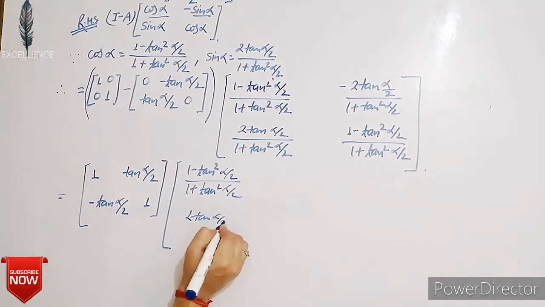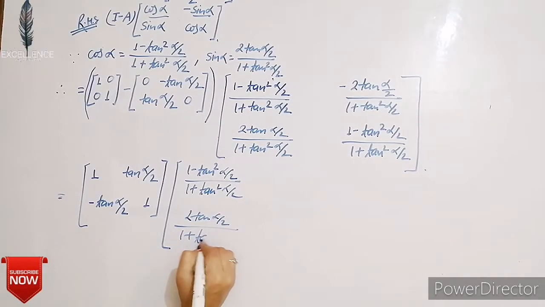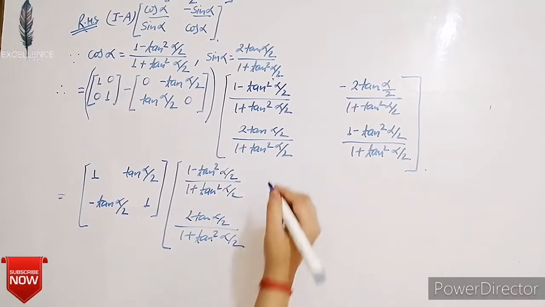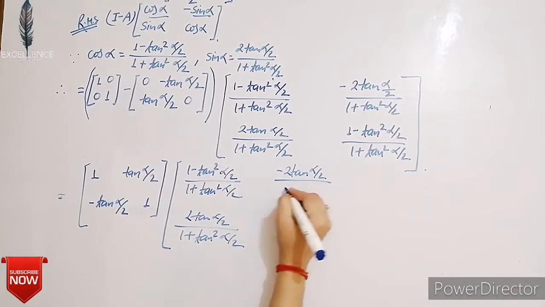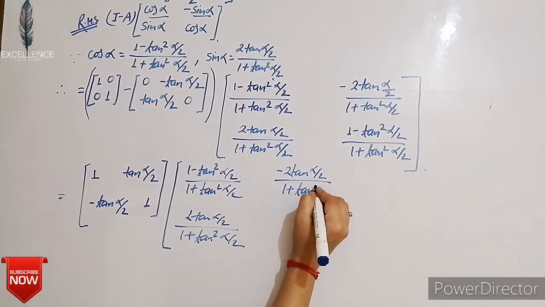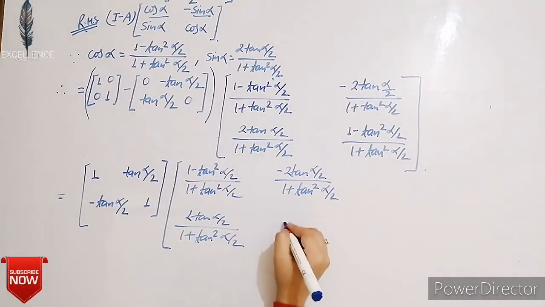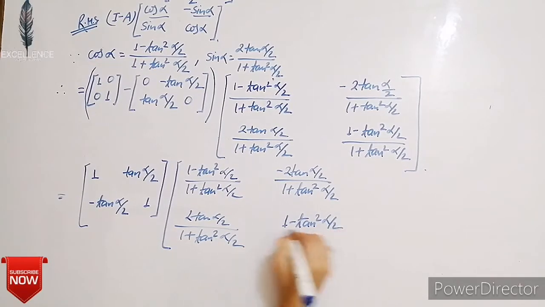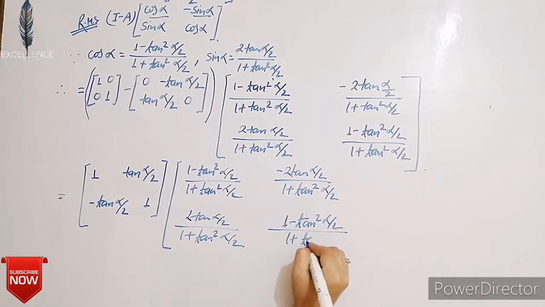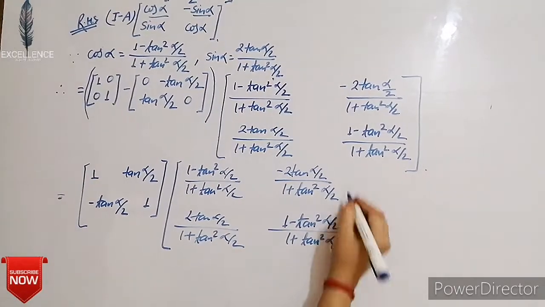Next is 2 tan alpha by 2 upon (1 plus tan square alpha by 2) minus 2 tan alpha by 2 upon (1 plus tan square alpha by 2), and last element, the 3 element, is (1 minus tan square alpha by 2) upon (1 plus tan square alpha by 2).